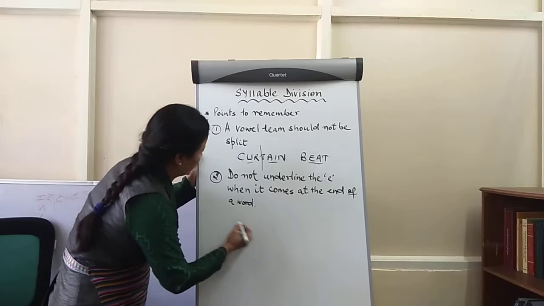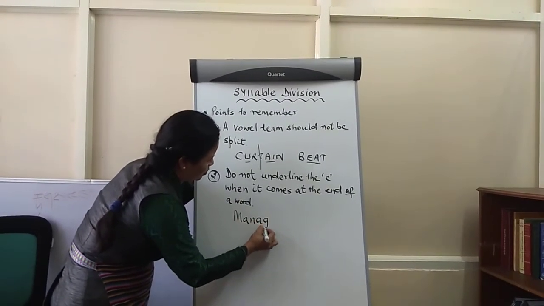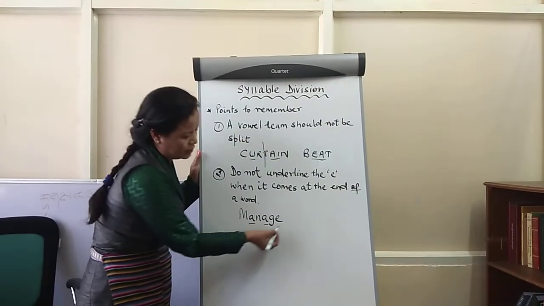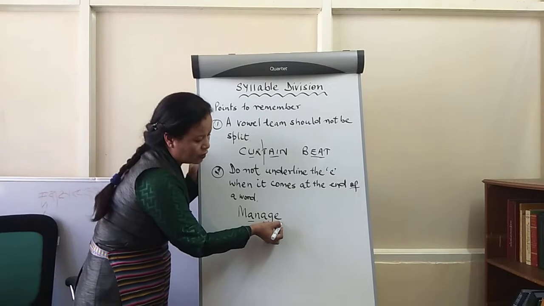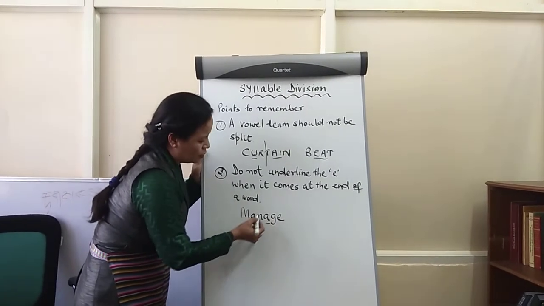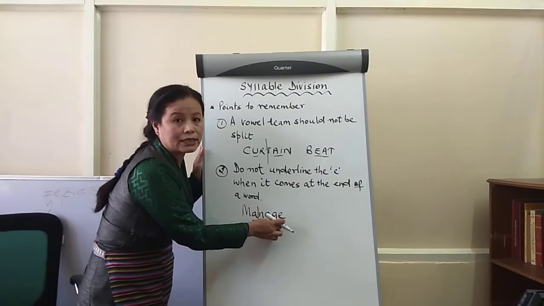For example, if we have the word manage. Usually we underline this, thinking E is also a vowel. But what we need to remember is we will not underline E. So manage, E is silent, right?